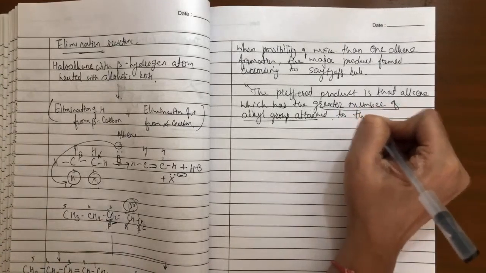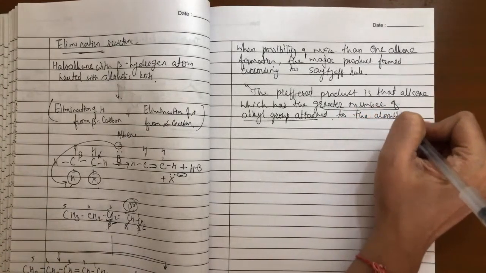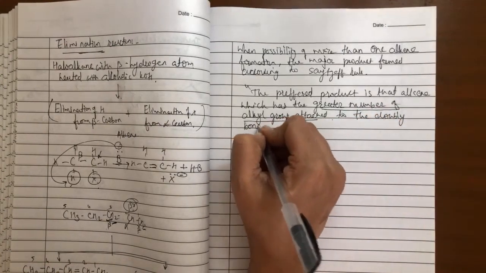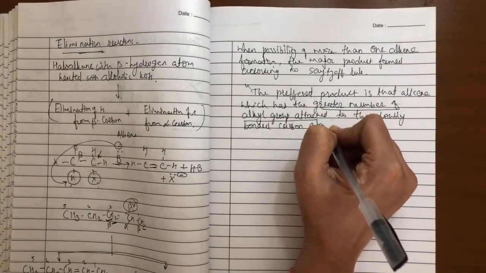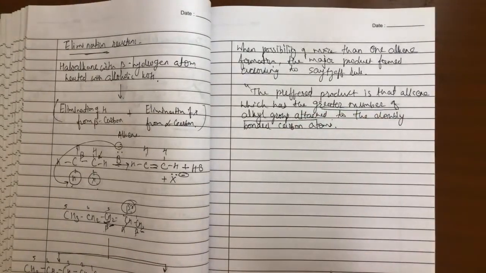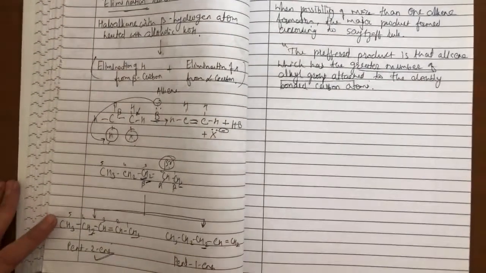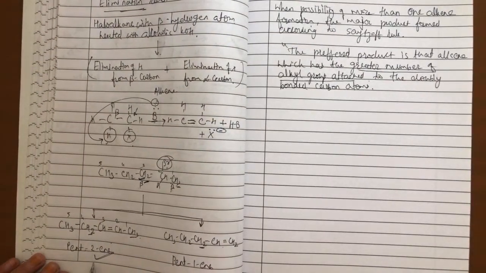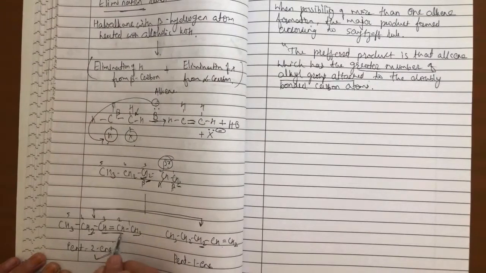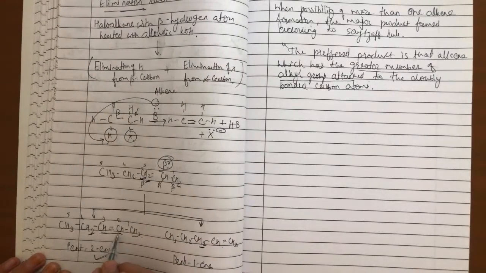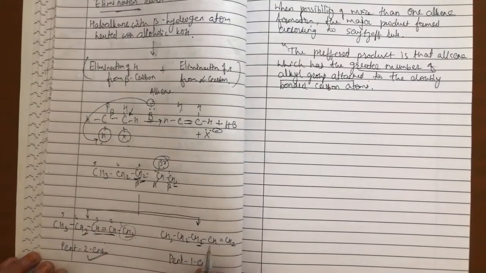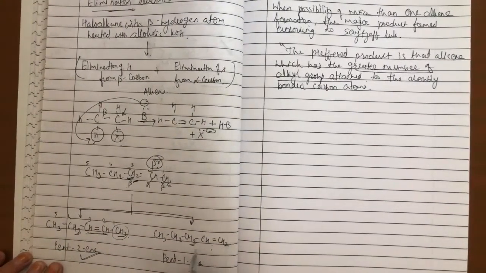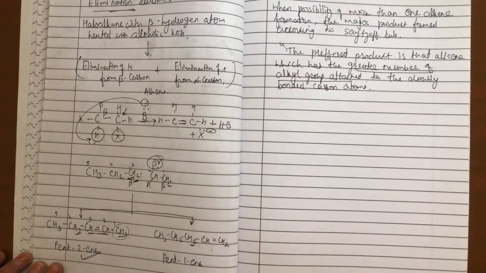to the doubly bonded carbon atoms, right? So as per this also, if you see pent-2-ene here in this case, this is the doubly bonded carbon. Here we have two different carbons. Here in this case they have two different substituents, while in the case of pent-1-ene I have only one substituent present.